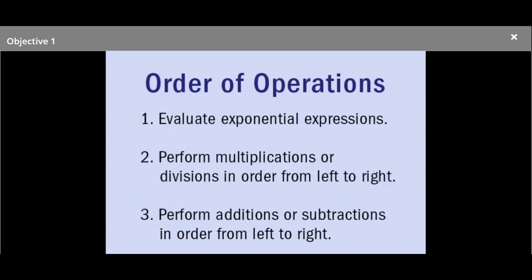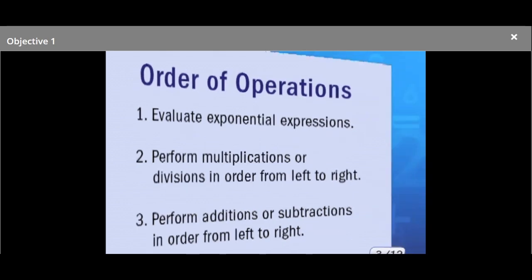Then, given all of that, here is our order. First, evaluate exponential expressions. Second, perform multiplications or divisions in order from left to right. And third, perform additions or subtractions in order from left to right.